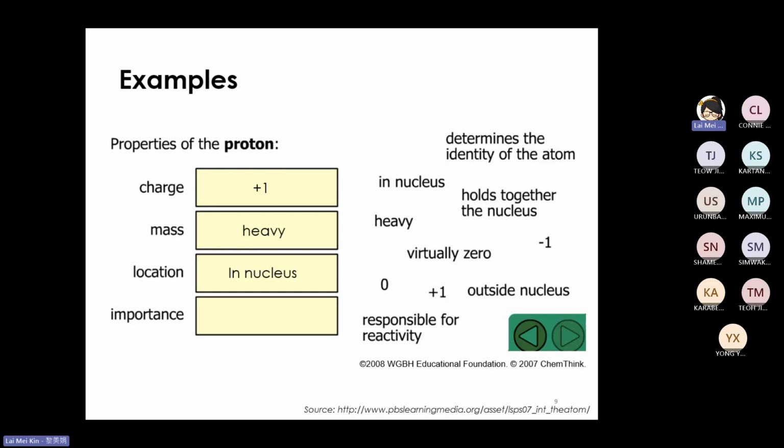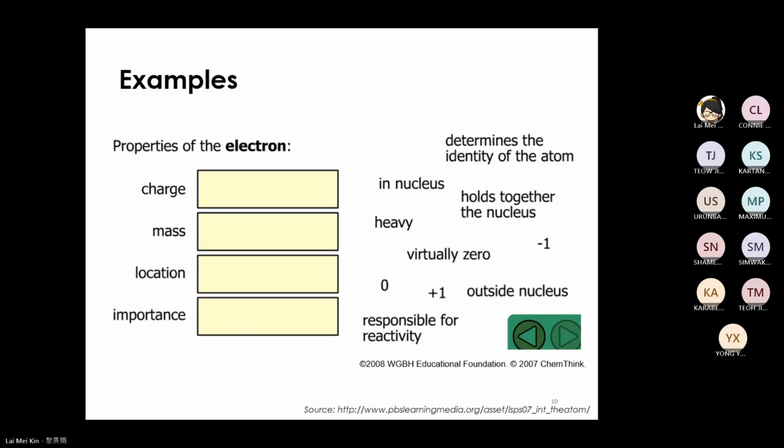And the function of proton? The identity. Remember I did mention before, the same proton number must be the same element. The proton number is the identity number, so it determines the identity. Electron is the opposite of proton, so it has a charge of -1.